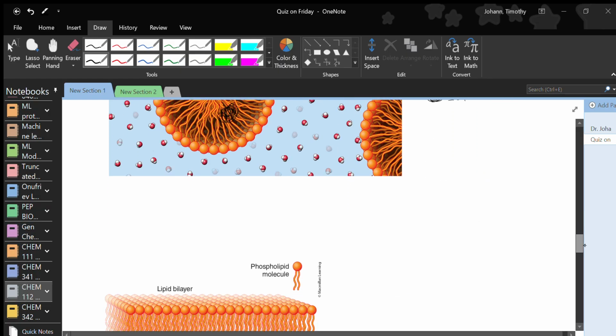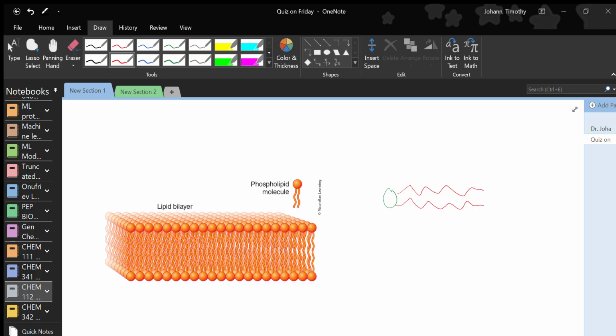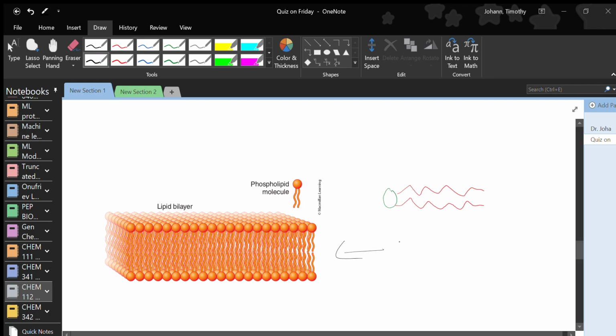So if we have a polar head and two nonpolar tails, you see that the nonpolar tails, at least in my cartoon, are about the same width as the polar head. And so now it works well that we can get this lipid bilayer, okay? We could think about this as being part of a cell membrane.